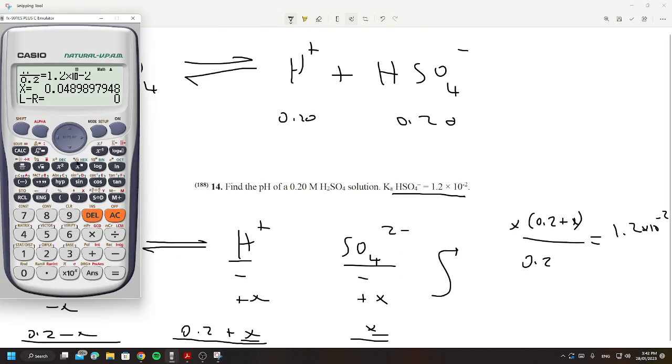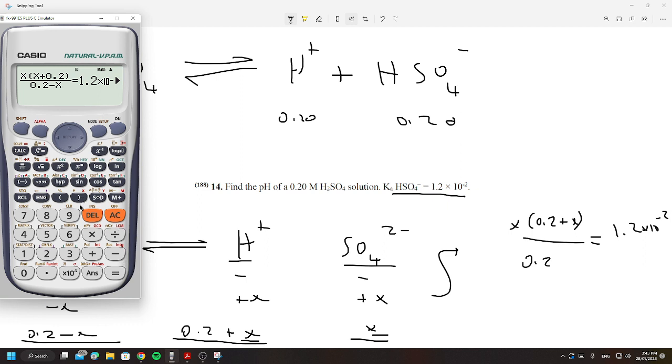Now, if we do this on the calculator, I'm doing so many things wrong here.